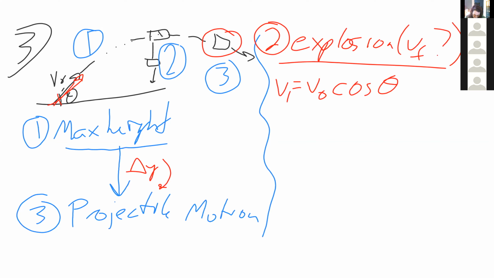Let's call this v sub b for before the explosion. What we are after is v sub a, the velocity after the explosion. So we have one particle before and two particles afterwards.